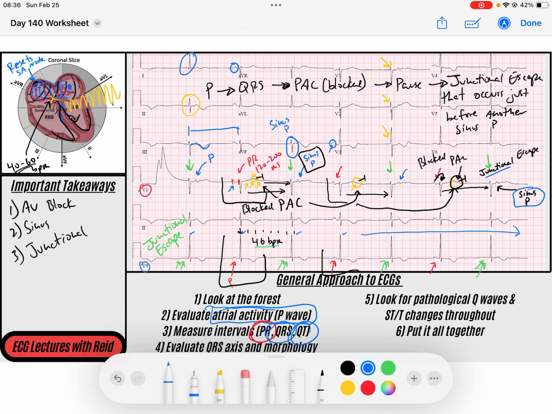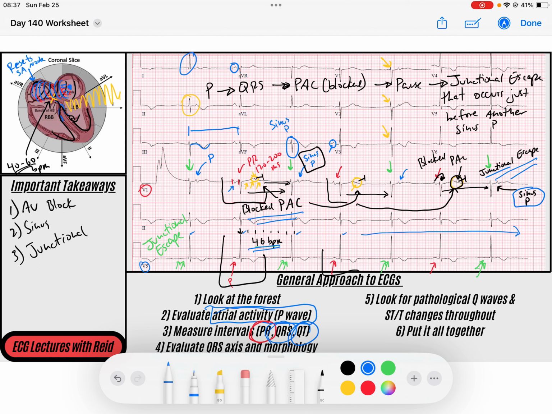And so let's put this crazy rhythm all together, and what do we have? Well, we've got a sinus rhythm roughly at a rate of 46 beats per minute. And we have blocked PACs leading to junctional escape rhythms.